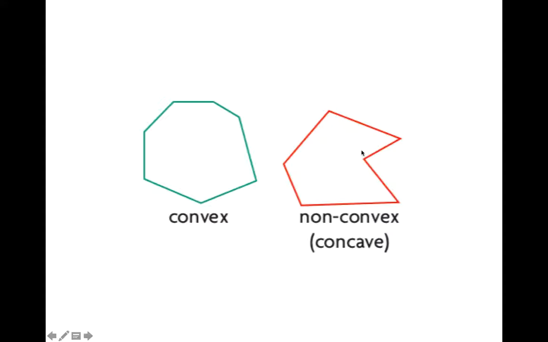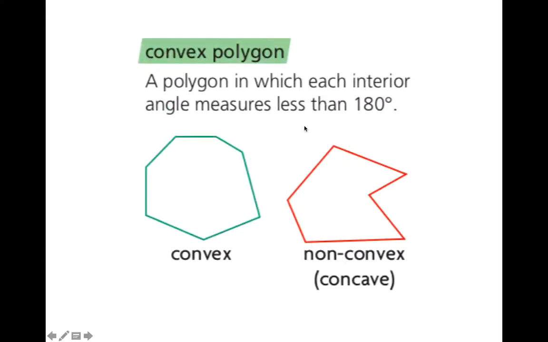And I think what jumps out at you is in the concave one, you have this indent in the side. Now, a definition of this, to keep it clear, would be that a convex polygon is a polygon in which each interior angle measures less than 180. So it never gets wider or bigger than a straight line. In fact, it never gets to be a straight line.